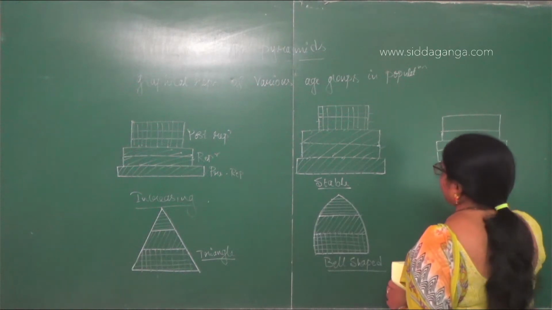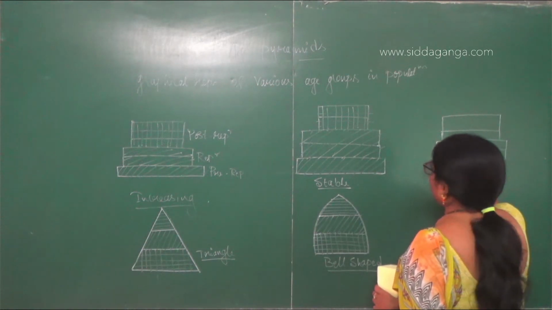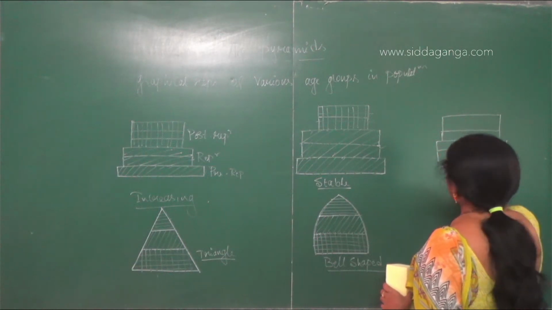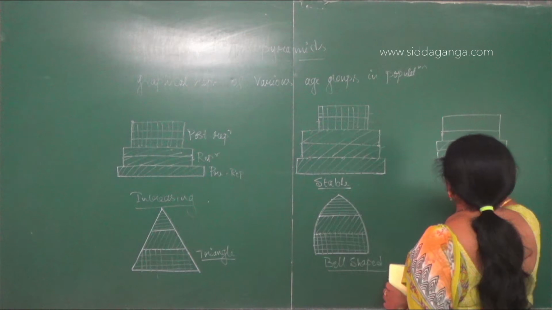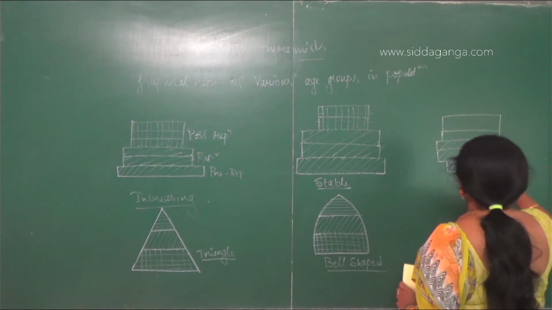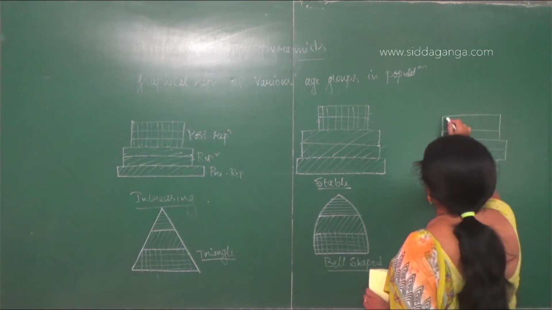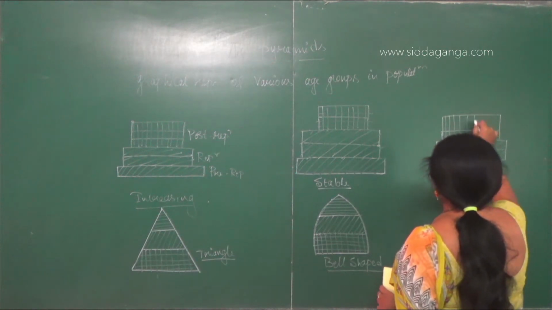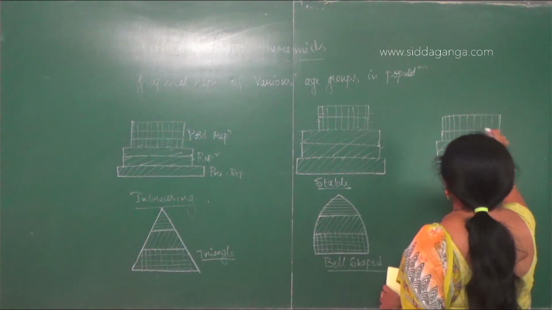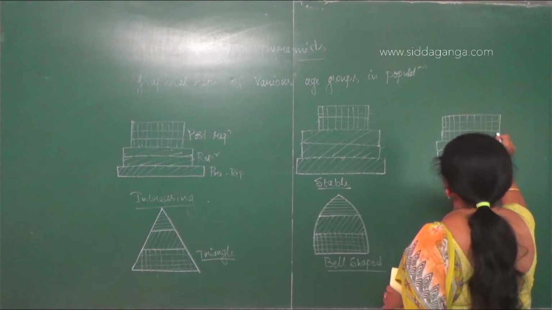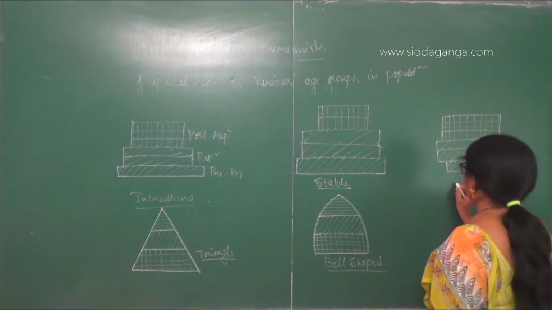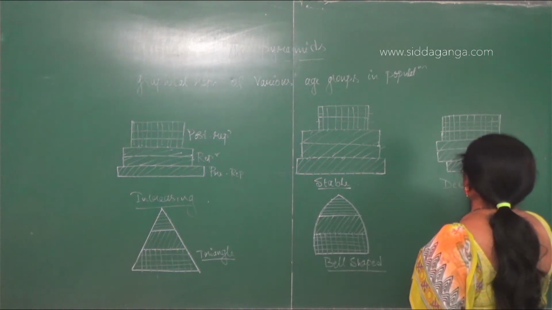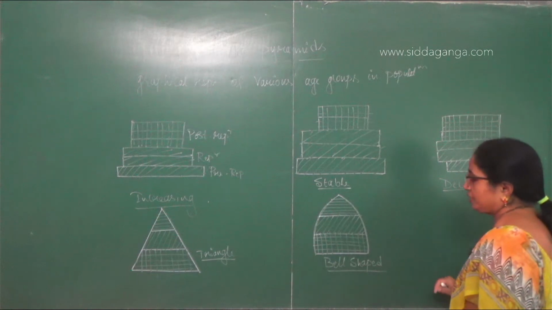Pre-reproductive population at the base, reproductive population in the middle, and post-reproductive population on the apex, on the top. So this is a population which shows that in the future years there will be a decline in the population size.